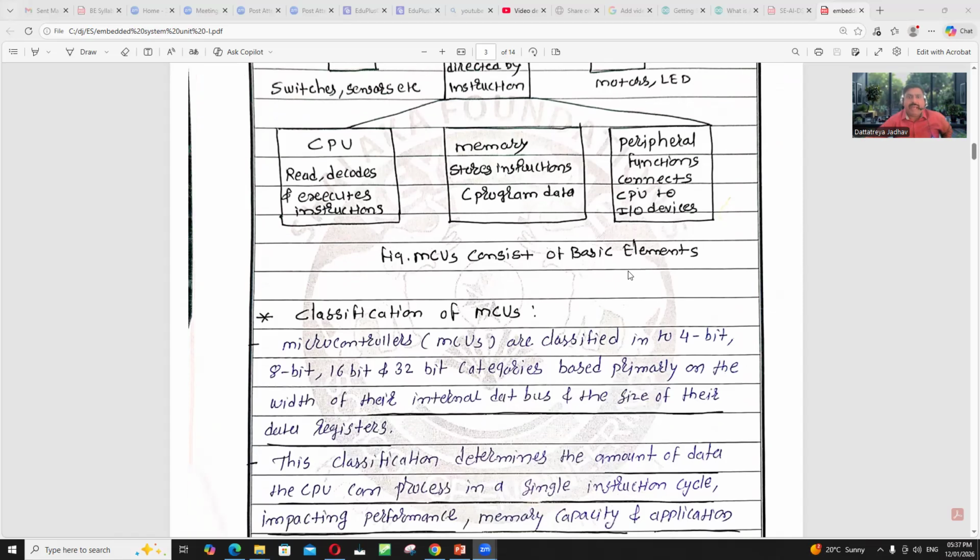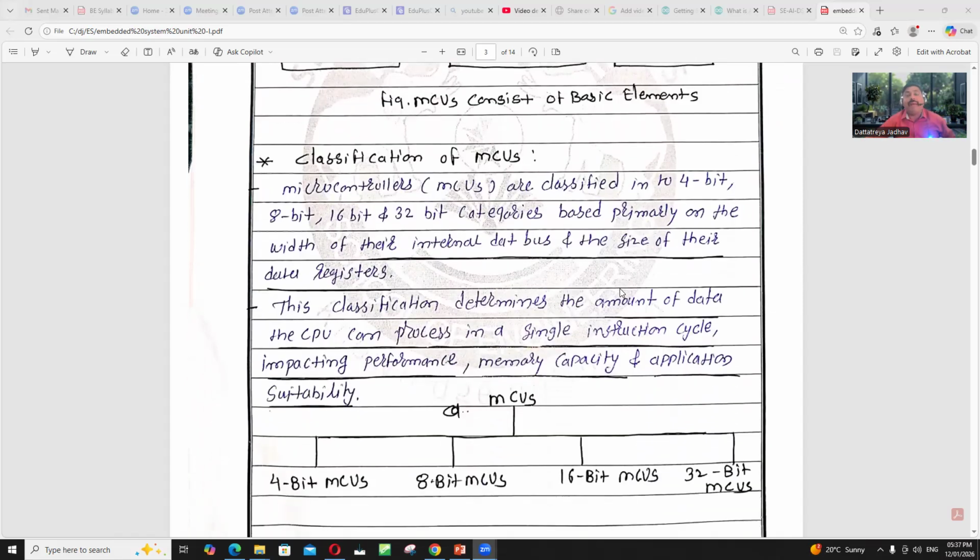Considering these parameters, we go with the classification of microcontrollers, that is MCUs, depending upon the capability and use of the controller. Microcontrollers are classified into 4-bit, 8-bit, 16-bit, and 32-bit categories based primarily on the width of their internal data bus, the size of their data register, and the third parameter, the amount of data the CPU can process in a single instruction cycle.